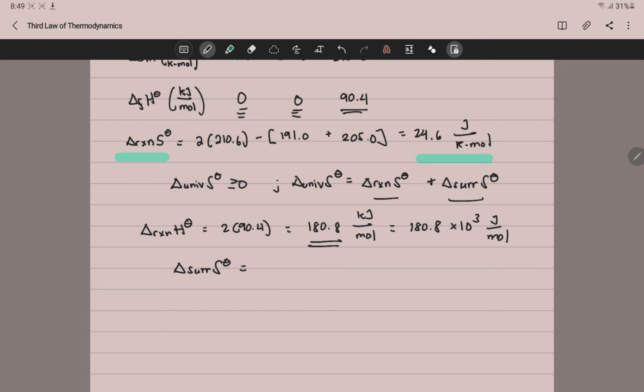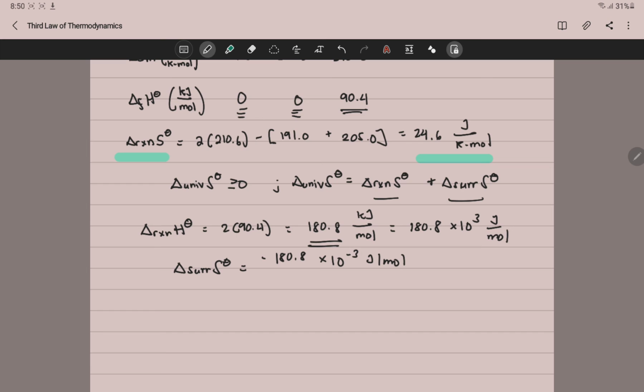Now, that value, since positive siyang, ibig sabihin, heat should be supplied to the system. So, saan manggagaling yung heat na isusupply sa system? Eh di, syempre, sa surrounding. So, the surrounding will give off that heat. So, that would be minus 180.8 times 10 raised to 3 joules per mole divided by the temperature.